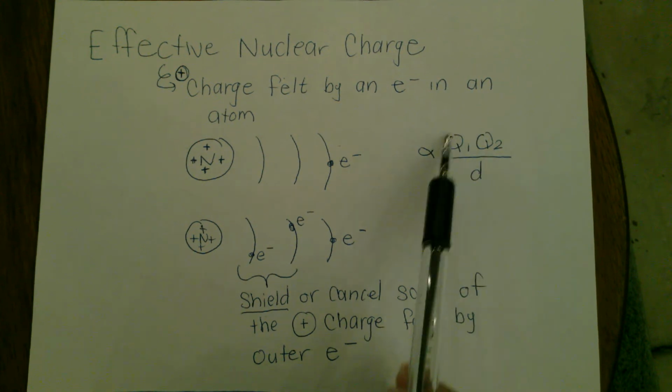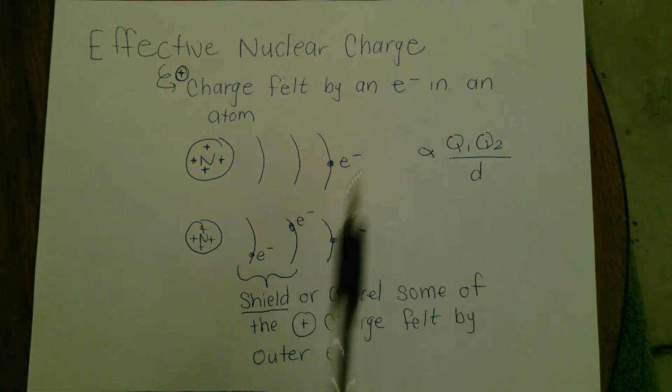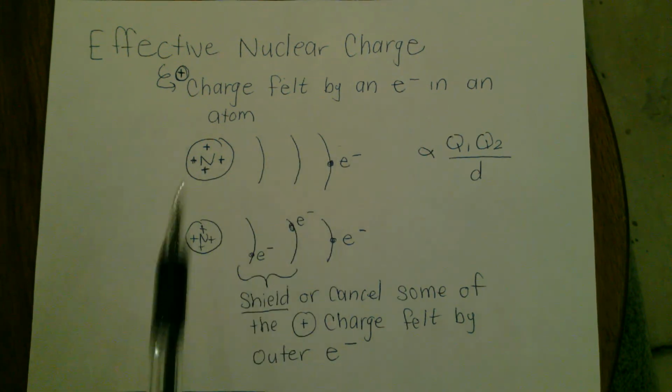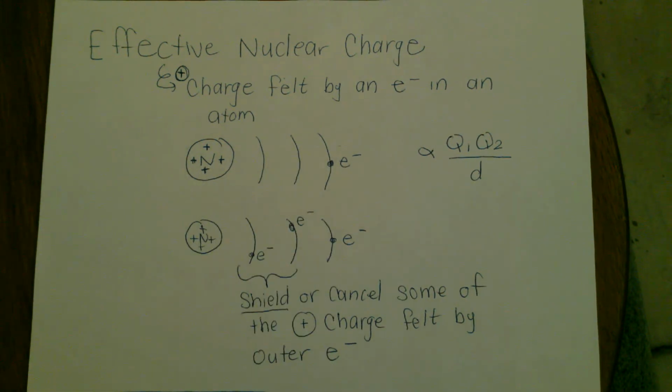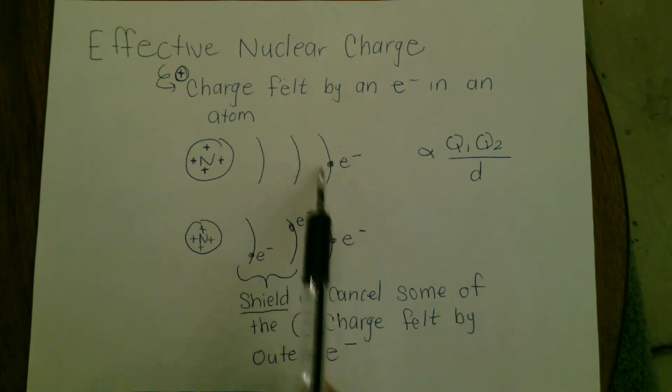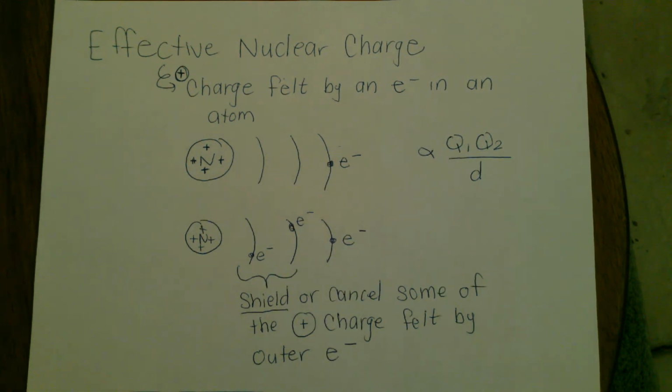And as the charges, so Q2 is always the same, it's always just the charge of the electron, but Q1 we're going to see does change depending on which electron you are in an atom. If you're one very close to the nucleus, this Q1 is going to be quite large. But if you're far away, like this one here, this Q1 is going to be a lot less.